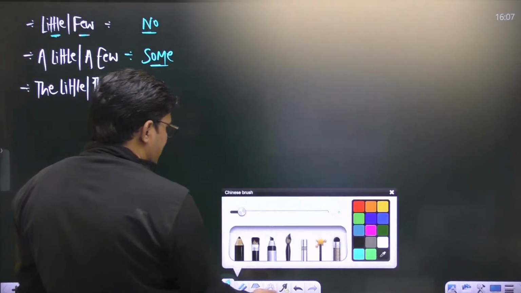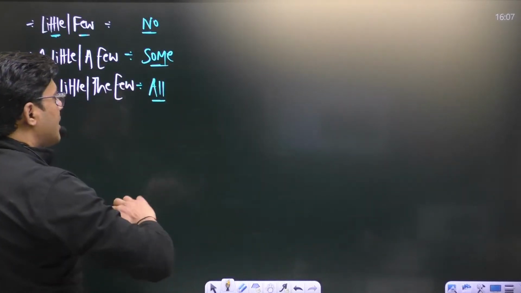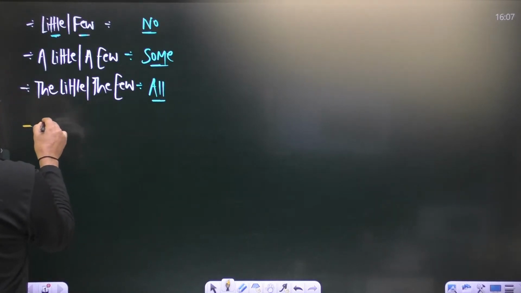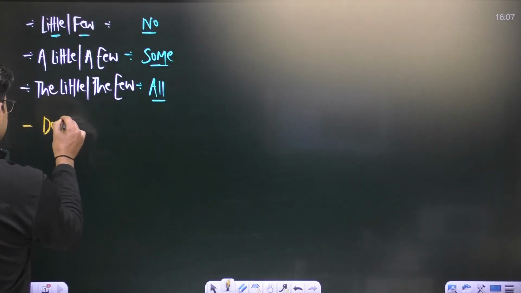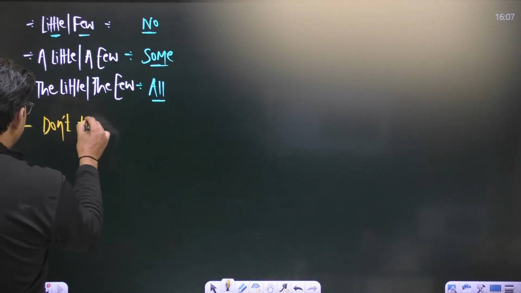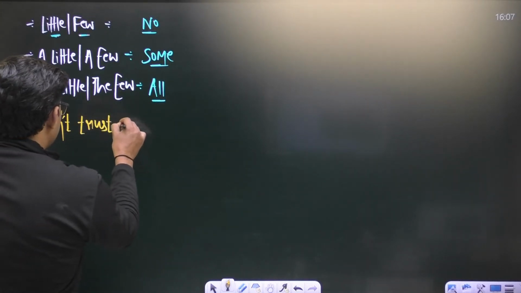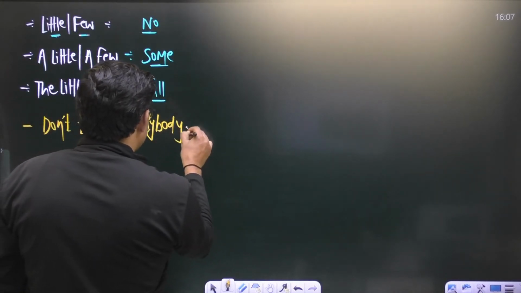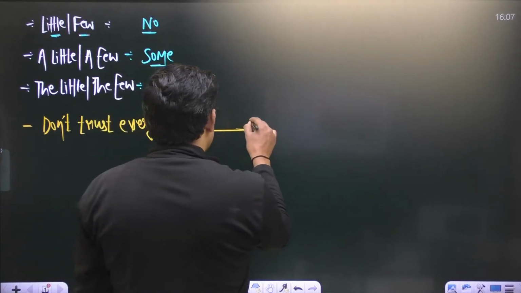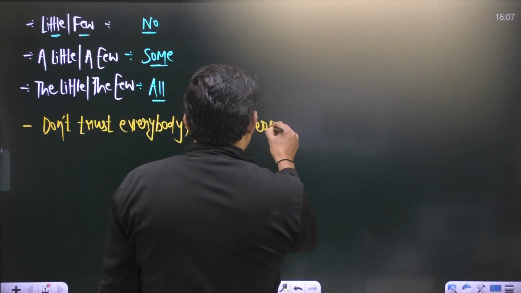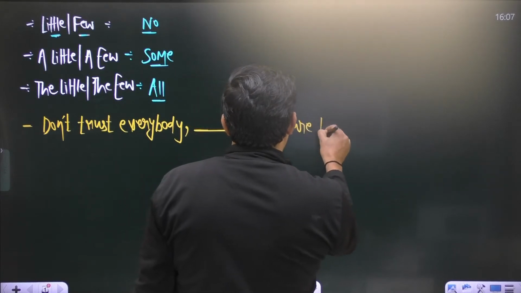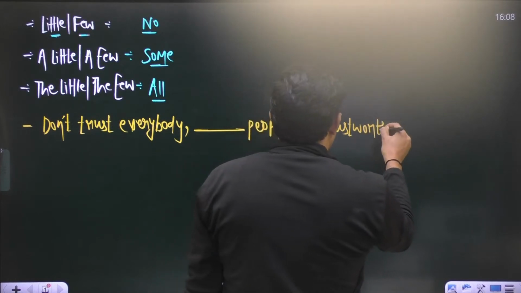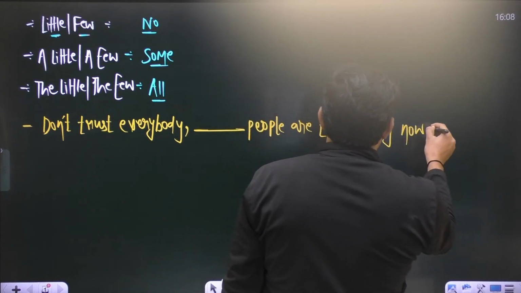Let us take some more examples which we did not discuss in our previous lecture. Sentence one: Don't trust everybody, blank people are trustworthy nowadays.